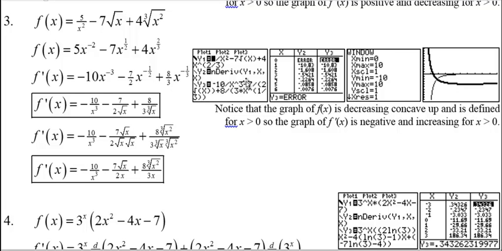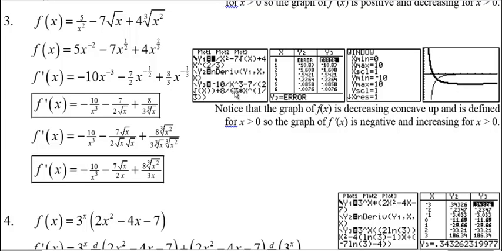Negative 10 over x to the power 3 minus 7 divided by parentheses 2 square root of x, close parentheses, plus 8 divided by, and then parentheses 3 times x to the power 1/3.